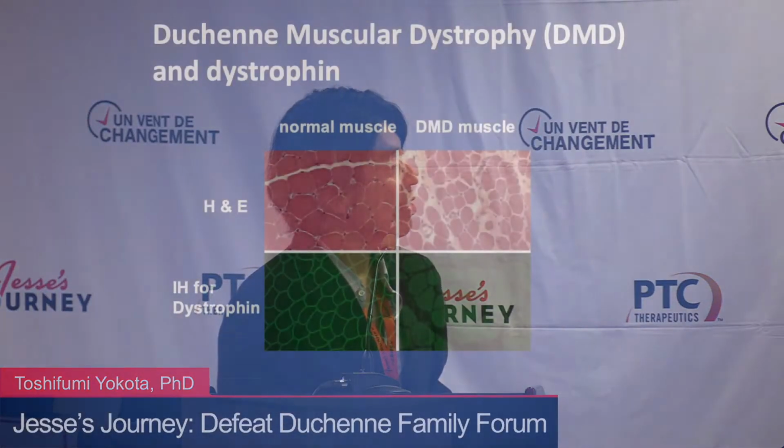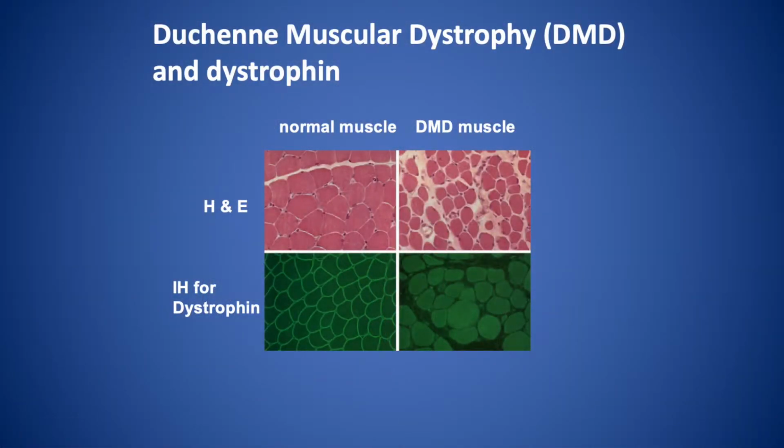Okay, so DMD muscles, from a histological perspective, look quite different compared to normal muscles. They have a lot of infiltration and degenerating muscle fibers, and infiltration of fibrosis and fat.